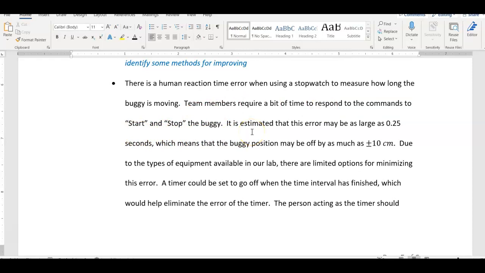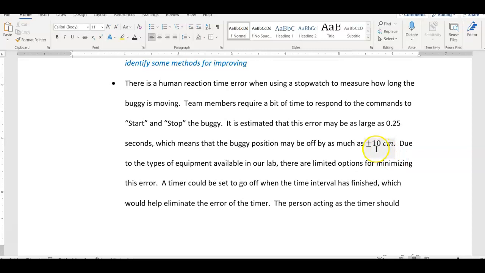Okay, so in this next sentence, I'm quantifying that error. It's estimated that this error may be as large as 0.25 seconds, and that means the buggy position might be off by as much as plus or minus 10 centimeters. It's plus or minus because I could let it go too long, or I could stop it too soon.